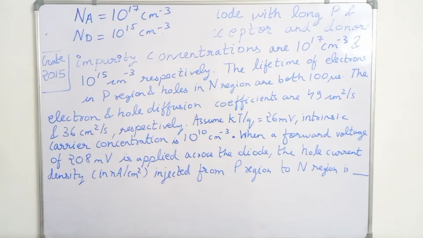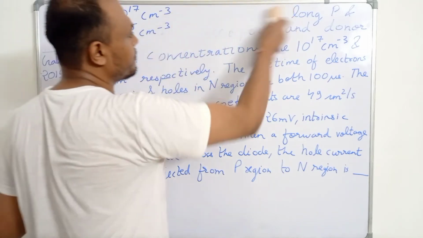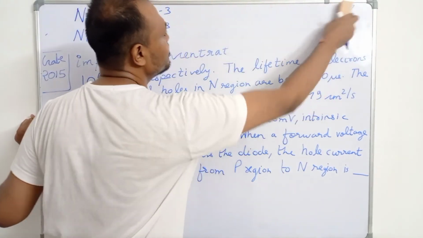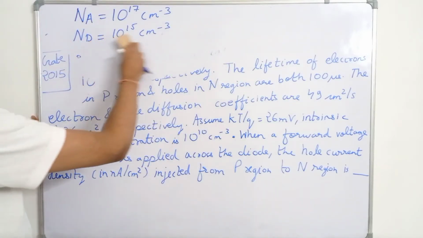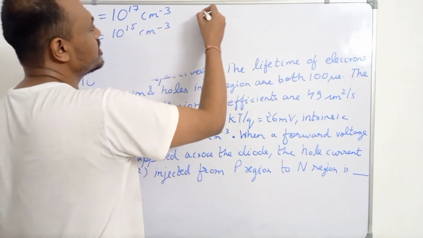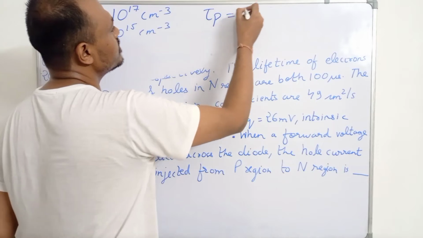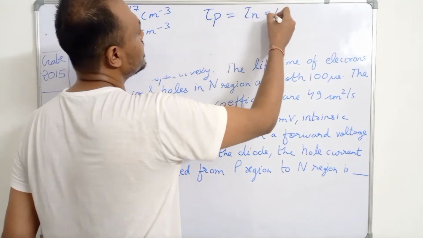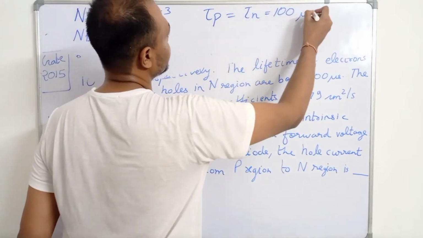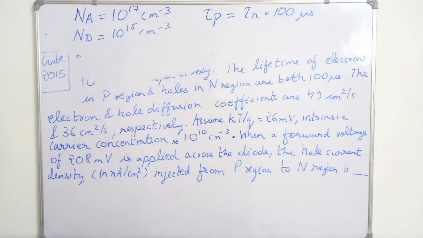Then we are given the lifetime of electrons in P region and holes in N region. So we are given tau p equal to tau n equal to 100 microsecond. So both these are given as same.